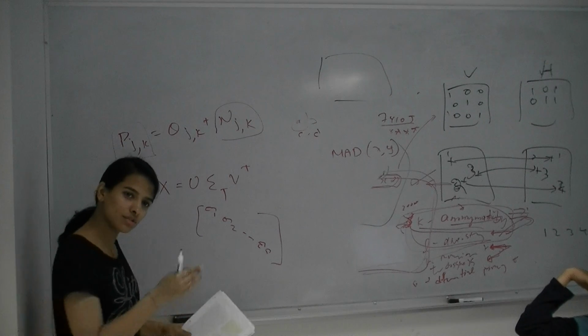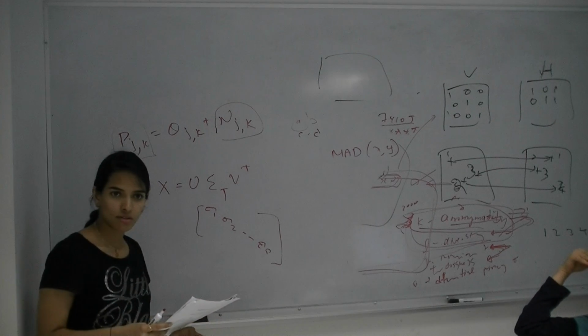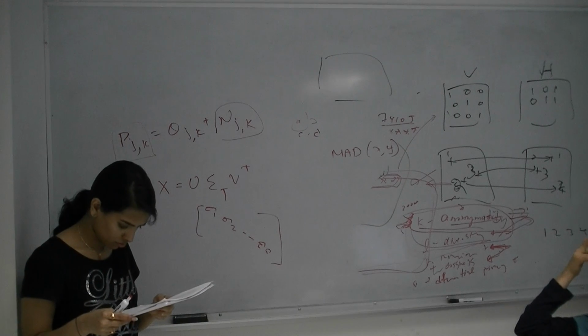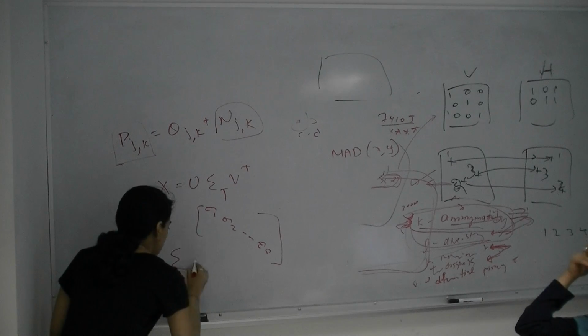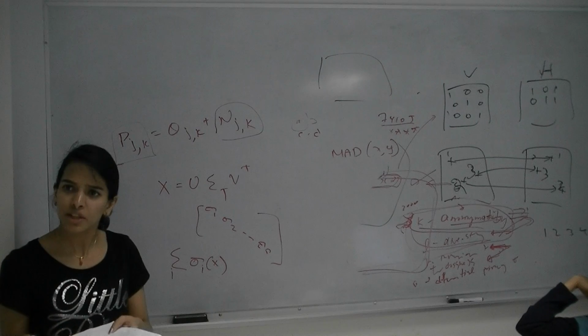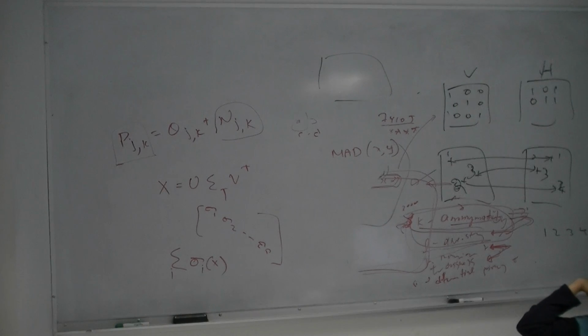So we minimize the sum of those singular values. Do you take absolute values of the singular values, or just sum them together? Just sum them. They are all positive numbers.